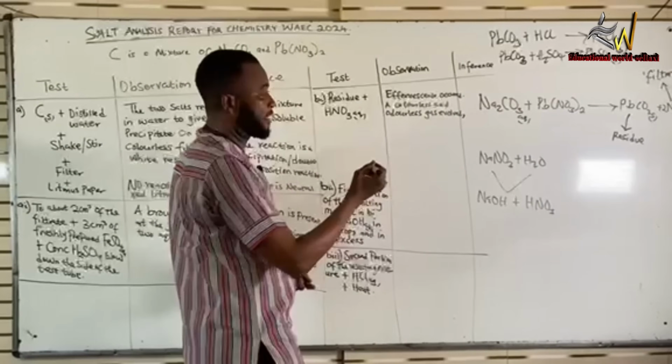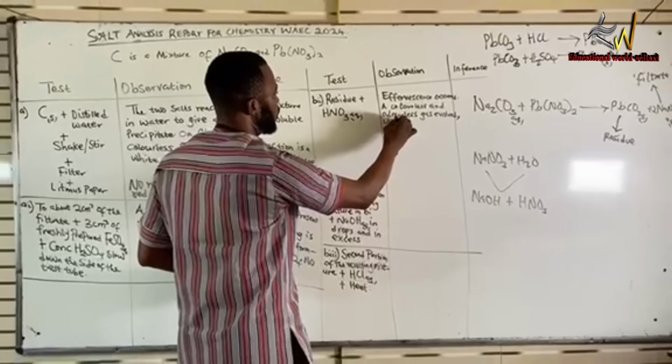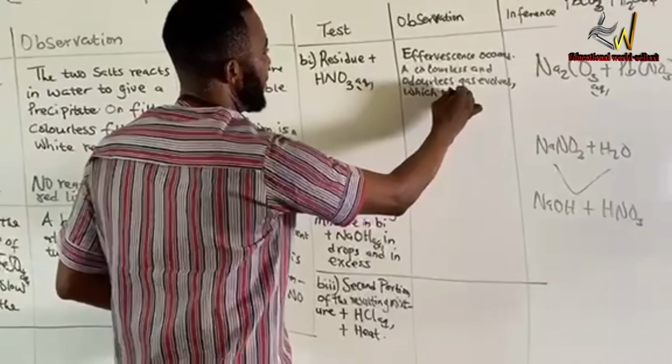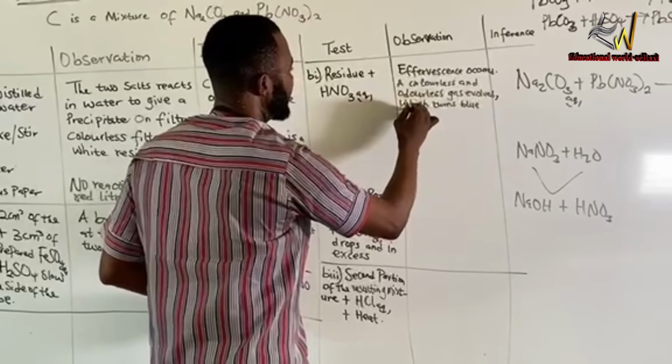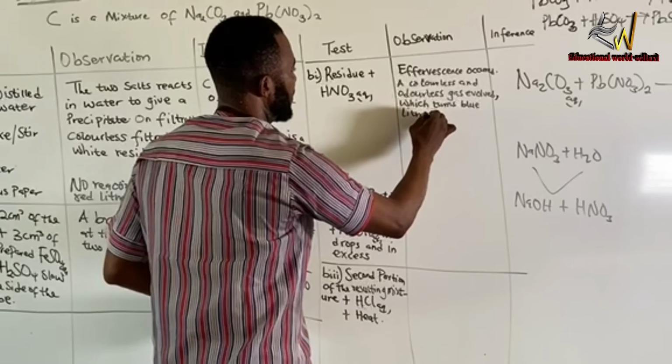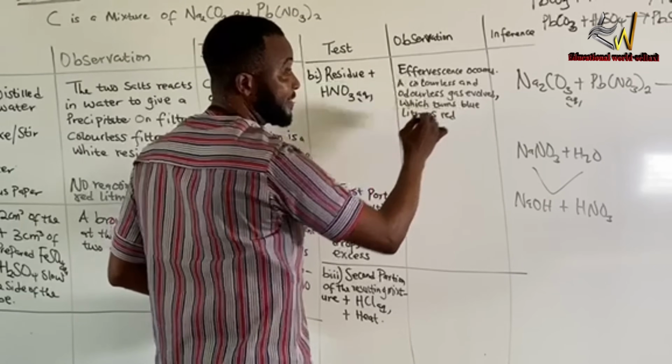We have to confirm the gas, so you say which turns blue litmus red, an acidic gas.